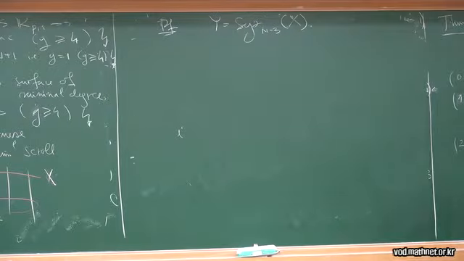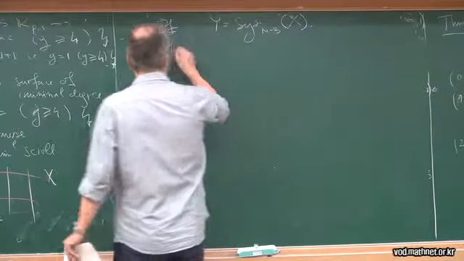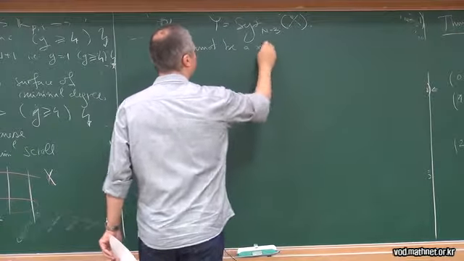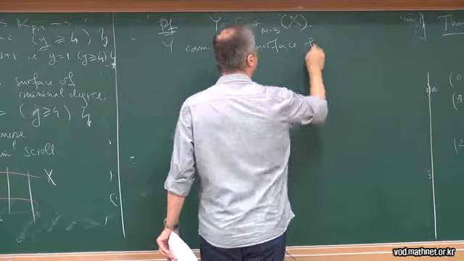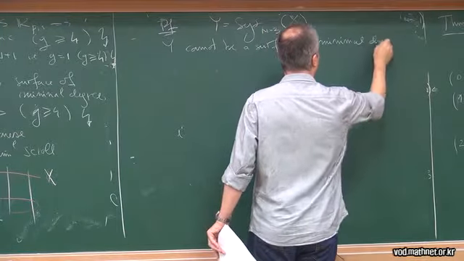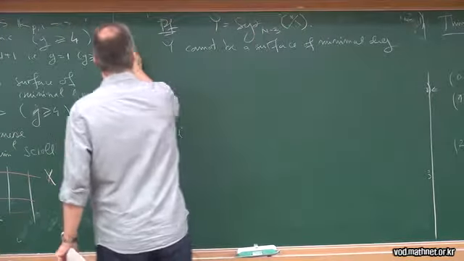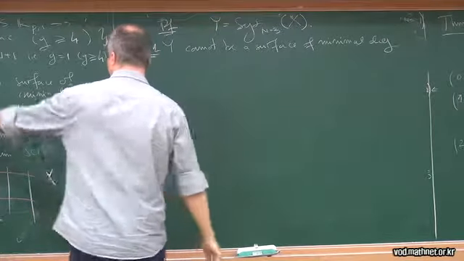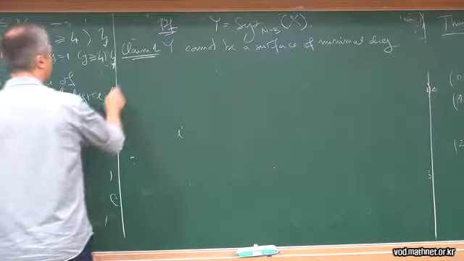So Y cannot be a surface of minimal degree. So that's claim 1. So for the proof, act exactly as before.